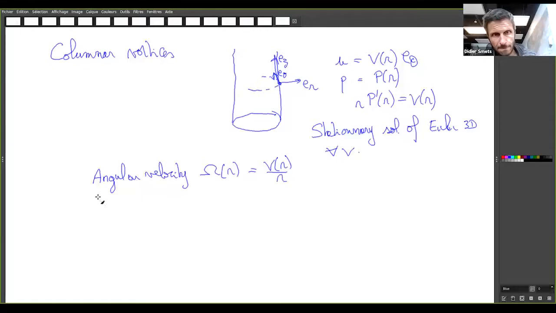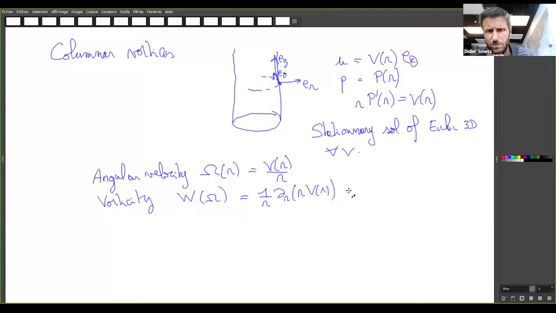And the vorticity, which we have written already in the previous talks, let me call it capital W here, which is 1 over r d/dr of r times capital V of r. It's a bit different because we are in cylindrical coordinates. It can actually be written in terms of this omega here. If I remember, it's r omega prime of r plus twice omega.